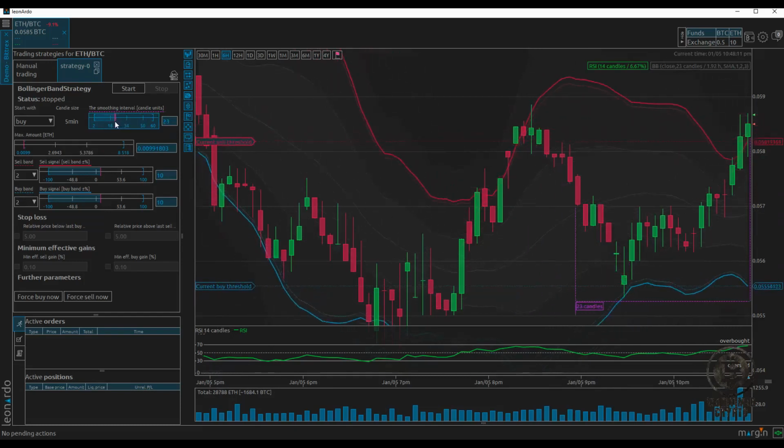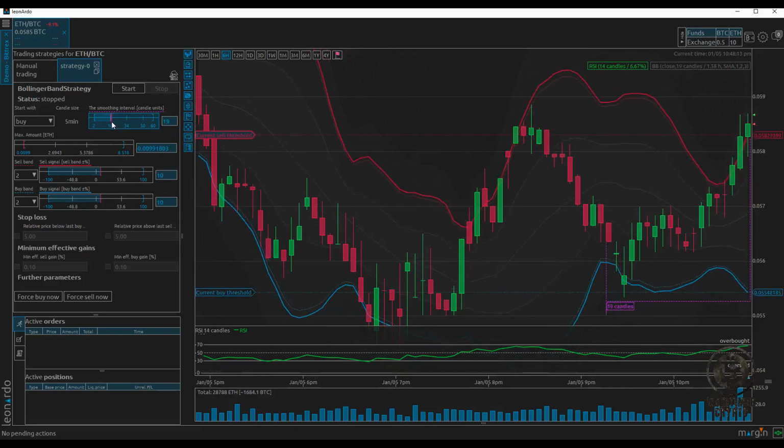So you have to determine what kind of trading you want to do. Do you want the bot to adapt quickly and often to the changes of the trades, or do you want to be a little bit more conservative and keep it at a more steady pace?